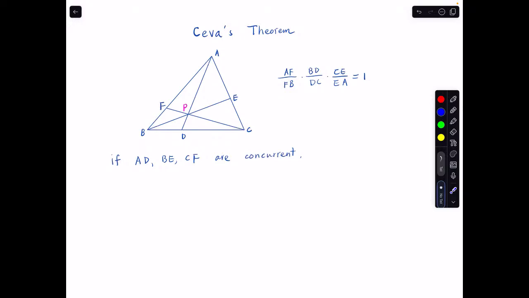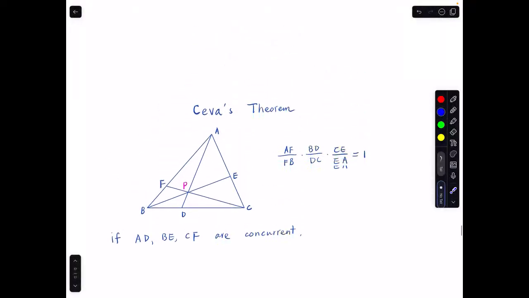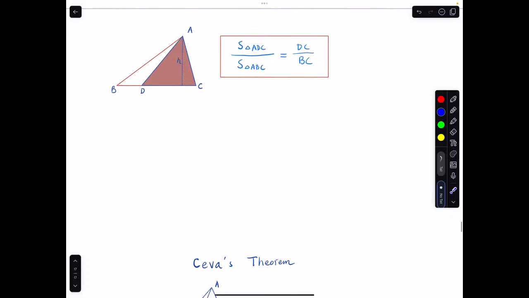So one proof is using the area property of the triangles. Now review that if I have, in this case, a triangle here, I have a point D, AD here, and then the ratio here, the ADC triangle, the shaded area, over the big original triangle ABC is going to be the ratio of the base here, which is DC over BC, right?